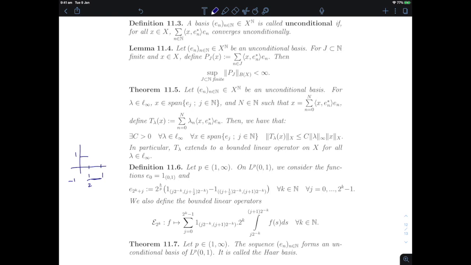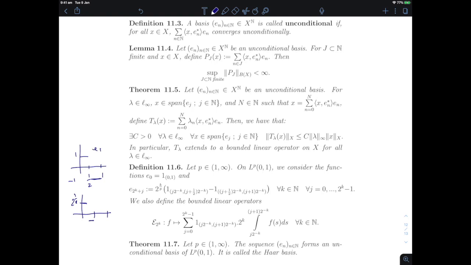But then on the next level, if I take k equal to 1 rather than 0, I'm going to have things at the level 2 to the 1 upon p. And so that's going to be here. The first one will be 1 from 0 up to 1/4 and -1 from 1/4 to 1/2.